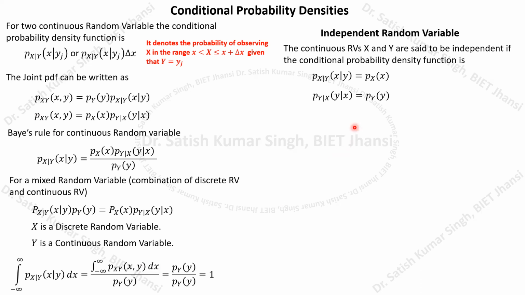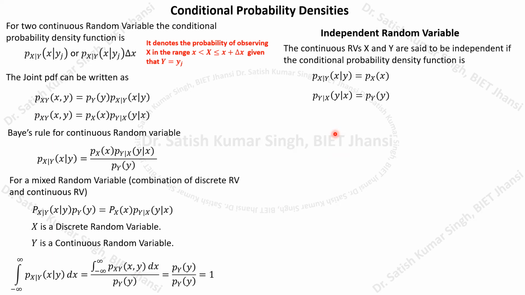Basically, we can have two random variables which don't have any interdependence, right? We can have two different random events that do not depend on each other.